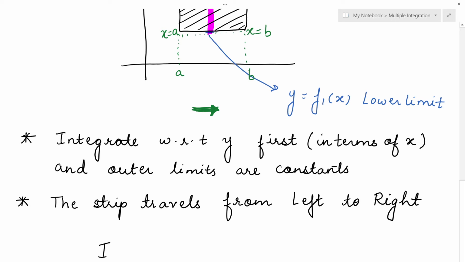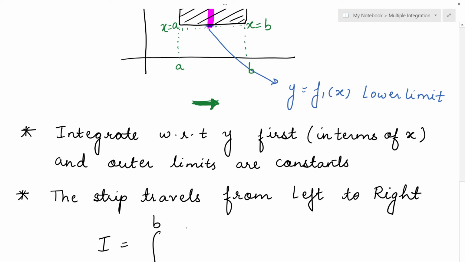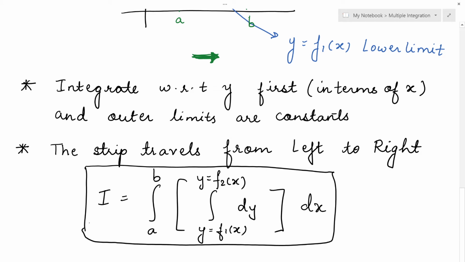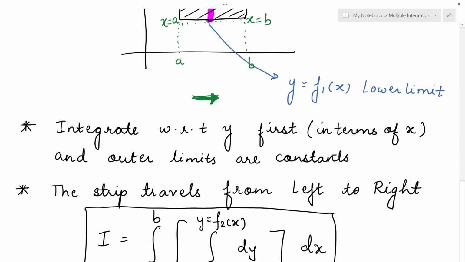Okay, so final integration I. First you know that you have to integrate with respect to y first because it is a vertical strip. So first you will integrate with y, some function f of x, y you will have, and then dx. So this is the standard form whenever you take the strip parallel to y-axis. Okay, easy to understand.